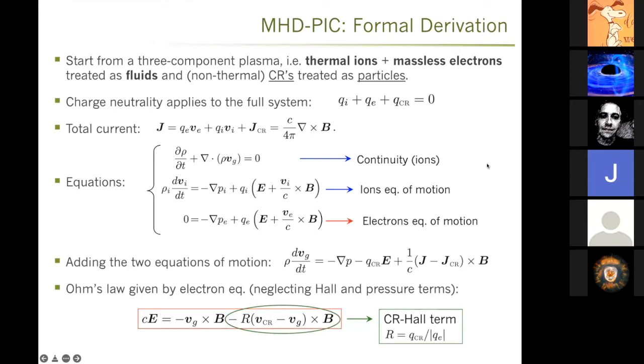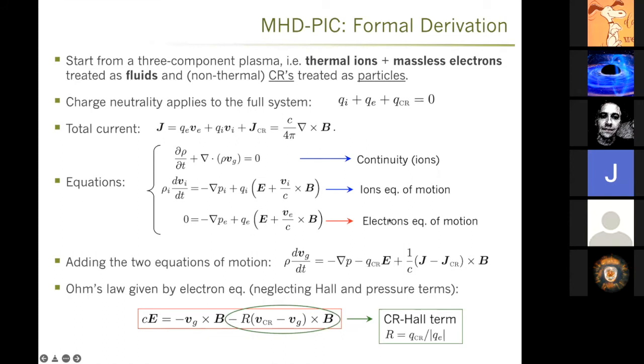Now, when you derive the equations using the natural MHD formulation, you end up with a system which is very similar to MHD, except for a few additions. First of all, in the momentum equation, you have an extra term which accounts for the actual current density of the cosmic rays.